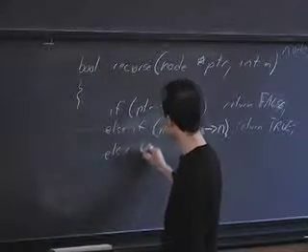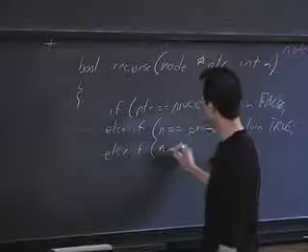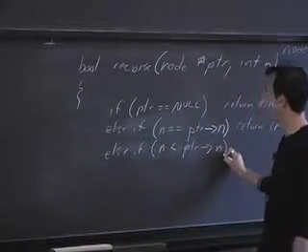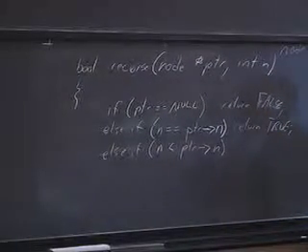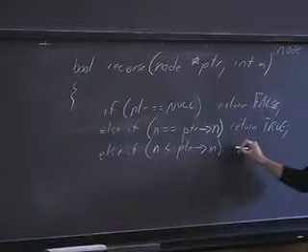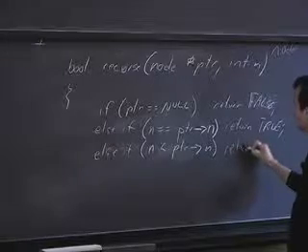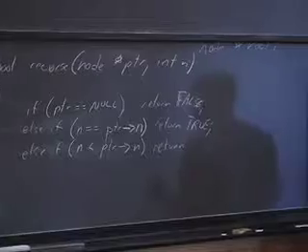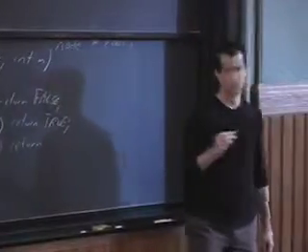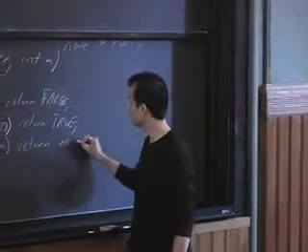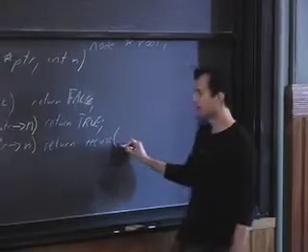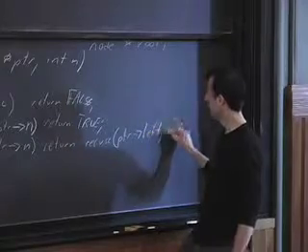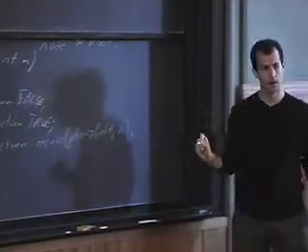So else if n is less than ptr arrow n. So if n is to the left of this node, I actually want to return not a hard-coded value of false or true, but what do I want to return? The result of calling myself on my left child passing in the same value of n.